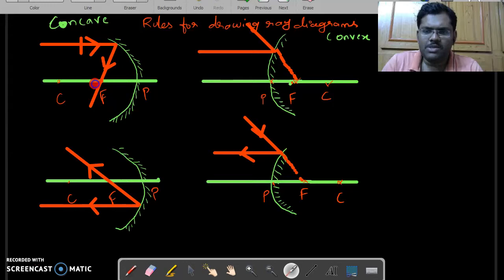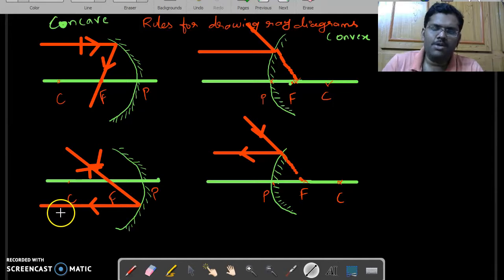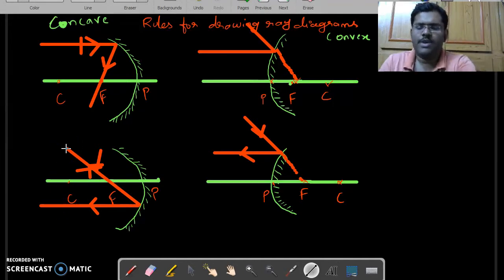The same applies in reverse: if it is passing through the focus, it passes parallel with the principal axis. You need to consider this. This is the first rule which you need to follow, and it is also mainly used here.